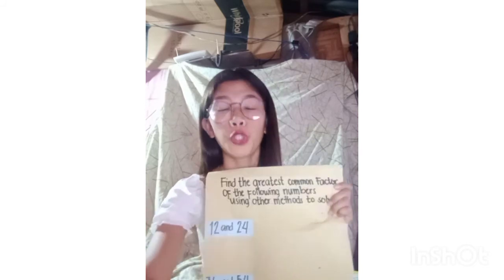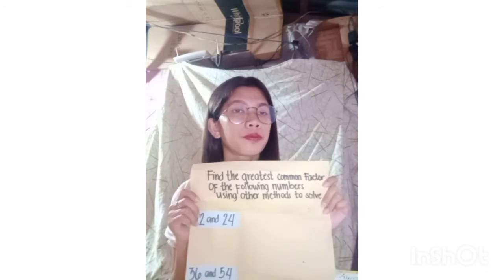The three ways of getting the GCF are first, listing method. Second, prime factorization method. And third is continuous division. You will use these ways in this activity. You will use other methods.